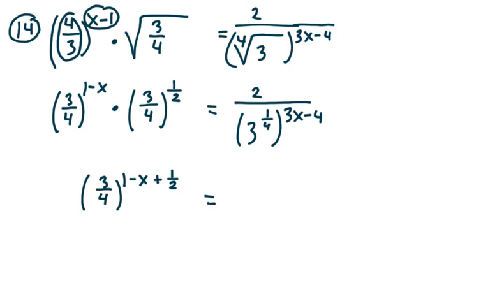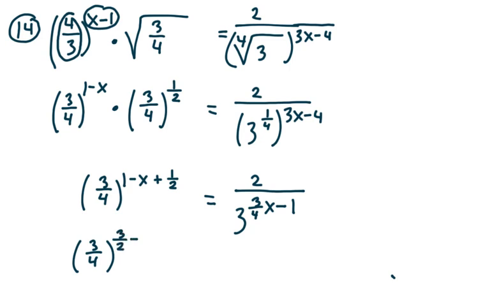On the right side, I get 2 over, now this is going to be 3 to the 3/4 x, right? That's what 1/4 times 3x is. And then 1/4 of 4 is 1, so it's minus 1. So I get that. Now, here, I'm going to get 3/4 to the 3/2 minus x.